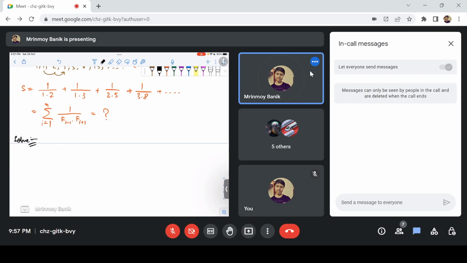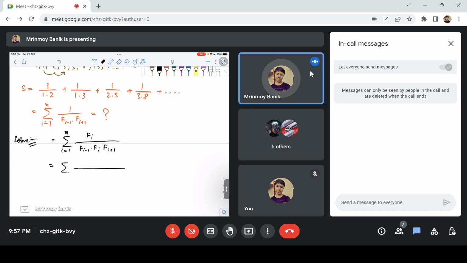So here you have to first multiply the numerator and denominator with fi. So fi by f(i minus 1) times fi times f(i plus 1). So we multiplied the numerator and denominator with fi.